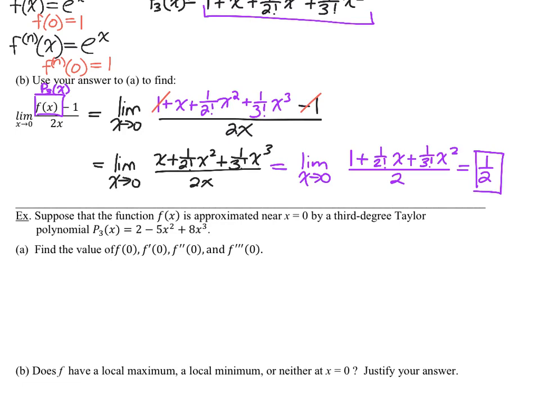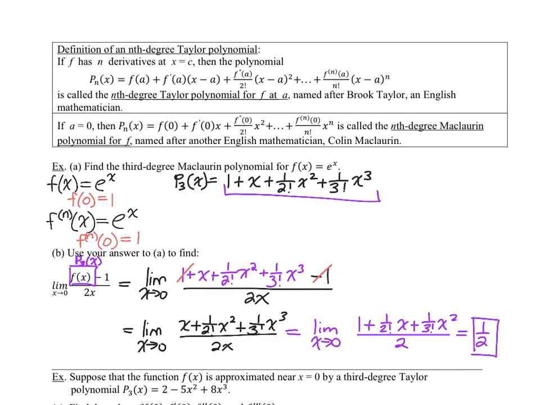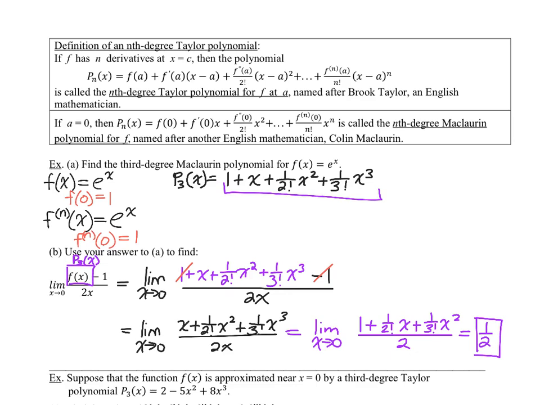All right, the same thing holds for derivatives and antiderivatives. So if I asked you for the area under the curve, consider this for a second. If I wanted the area under the curve e to the x, going from 10 to 20, not a good idea. It's centered around 0, it's most accurate at 0. But if I wanted the area under the curve from -1 to 1, maybe not so bad.